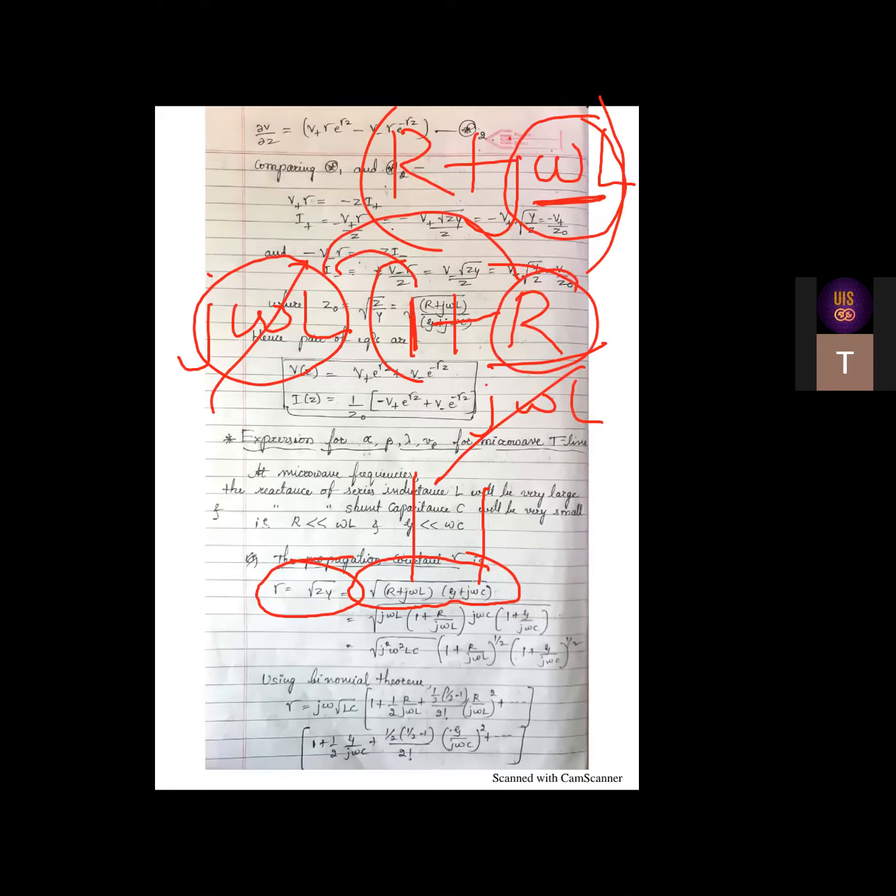So the second term gives 1 plus R divided by j omega L.